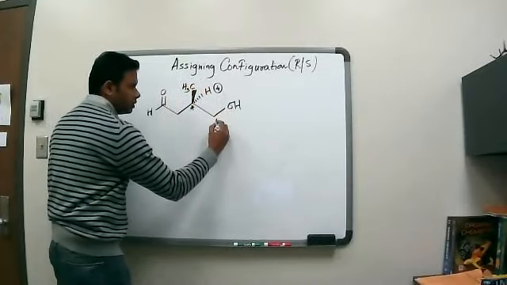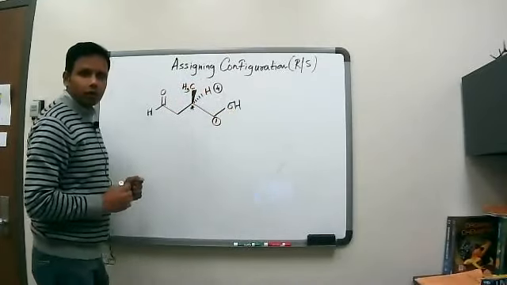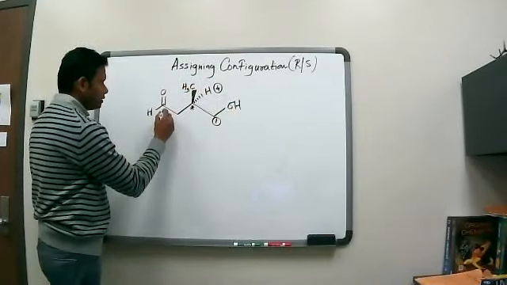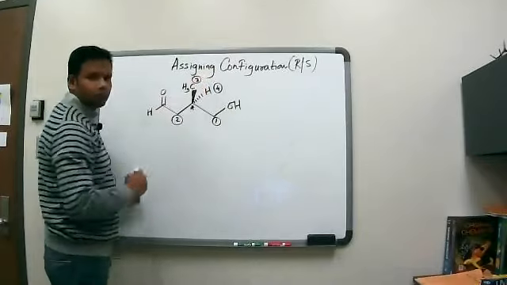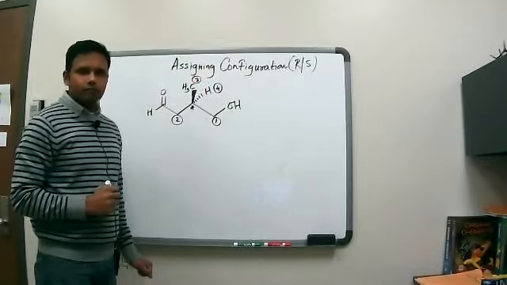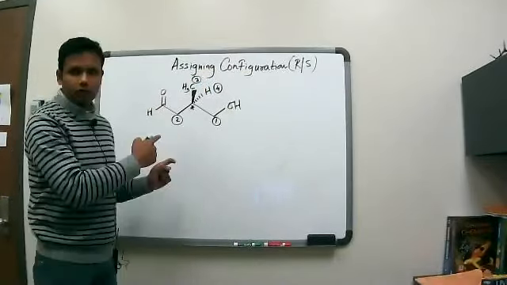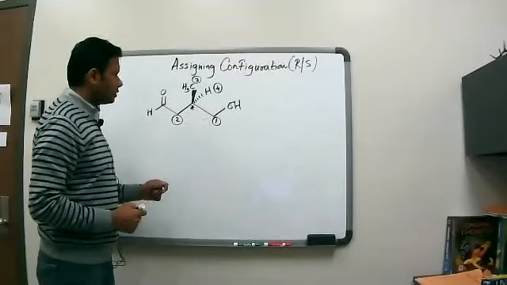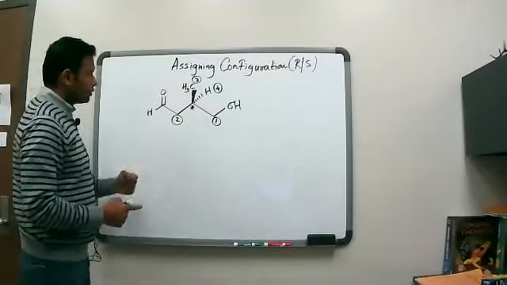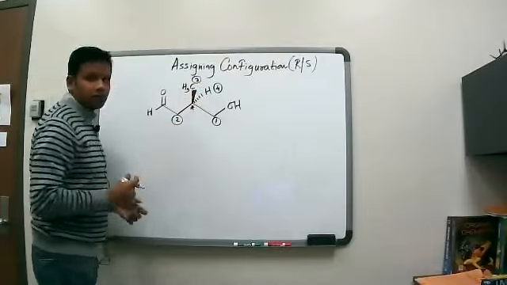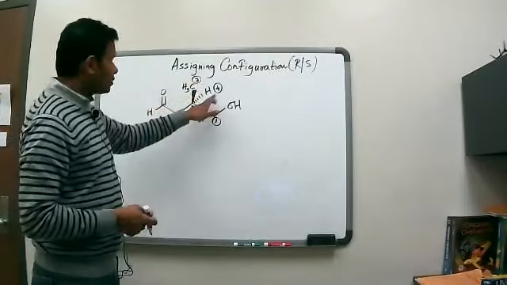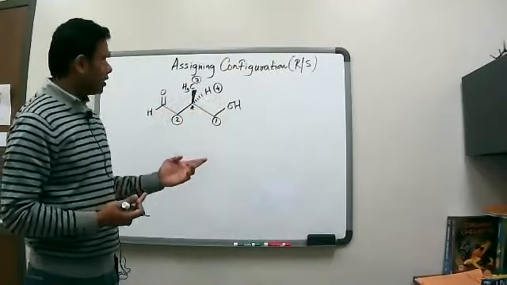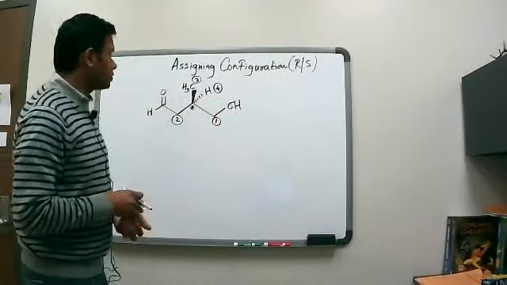So we're going to put this down as priority 1. This would be priority 2, and this methyl group is priority 3. That's how we sort out priorities among groups. Now that we've assigned all the priorities, the next thing we have to do is orient the lowest priority group away from us, which is naturally the case over here.